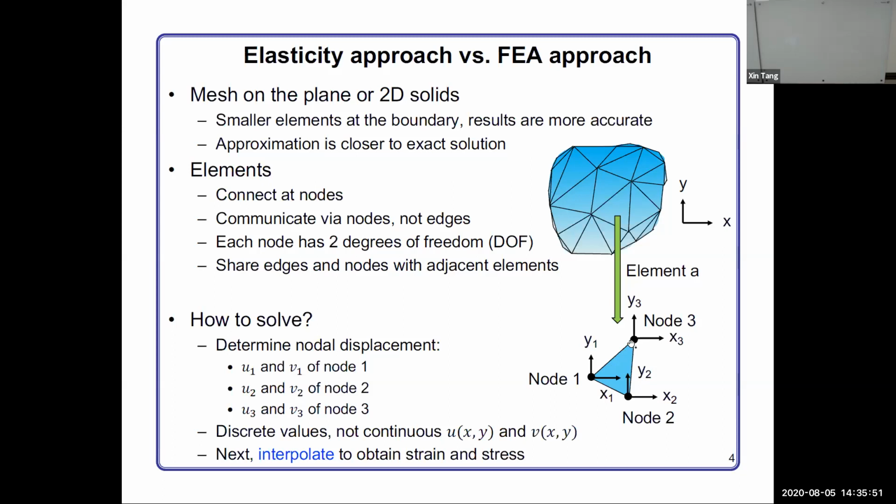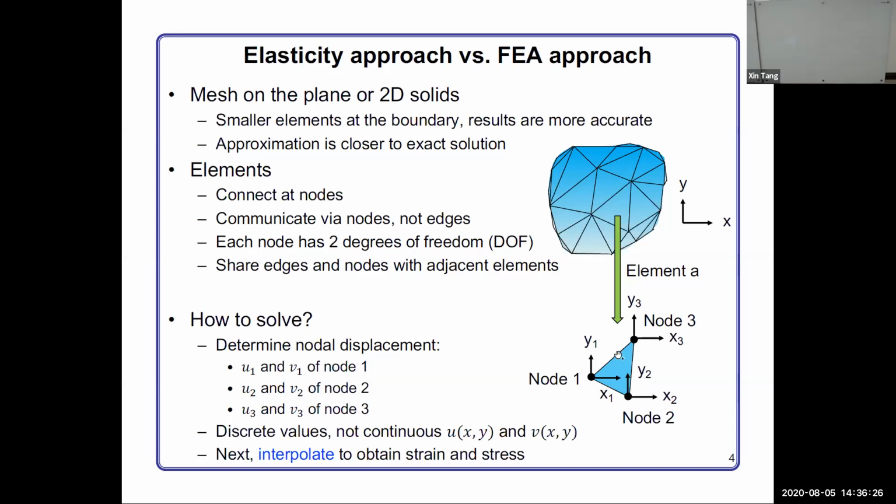From there, we will try to approximately get the map of the continuous displacement field. Okay, that's through the interpolation. We will talk about this in detail. We will derive it. So that's the fundamental difference between the finite element approach, which is a discrete approach, with respect to the elasticity approach, which is a continuous approach.